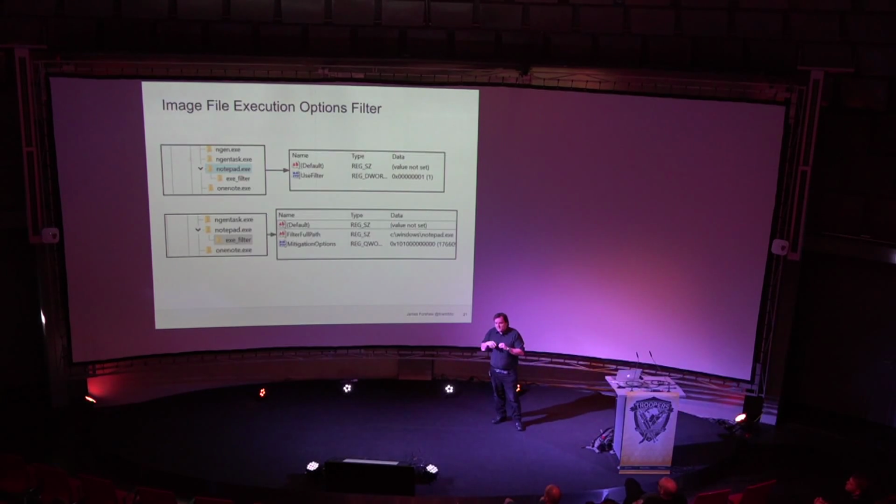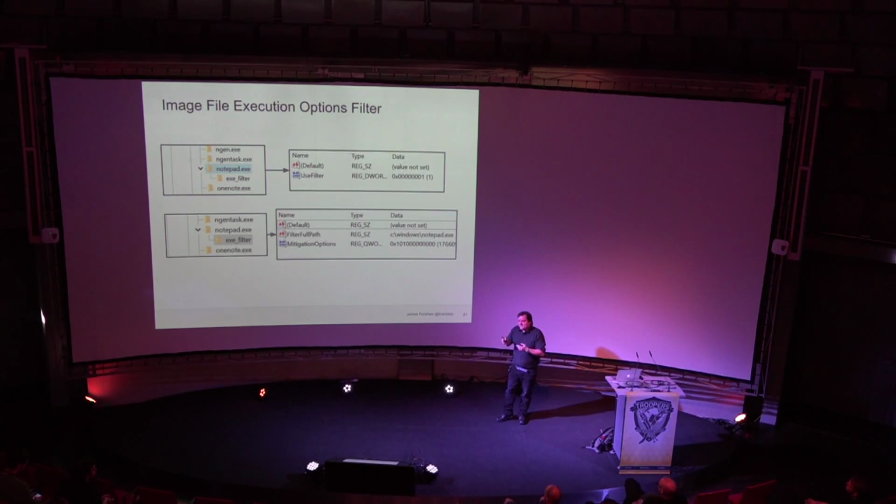Now, one thing which, as far as I'm aware, isn't documented: if you've ever used image file execution options before, you'll know that effectively it always matches just on the executable name. So let's say, for example, you want to apply these mitigations to notepad.exe. By default, every file which is called notepad.exe, even if that is not the notepad.exe you expected, would have these policies applied.